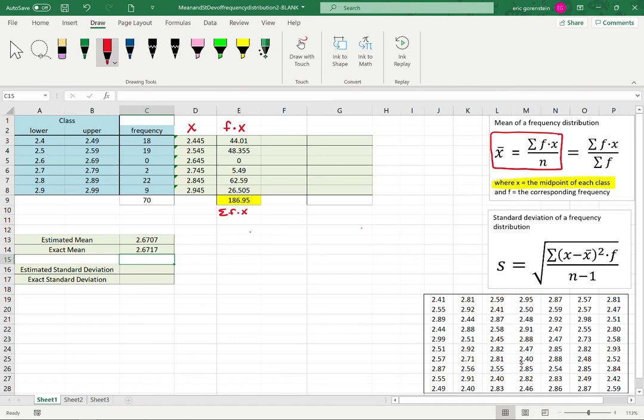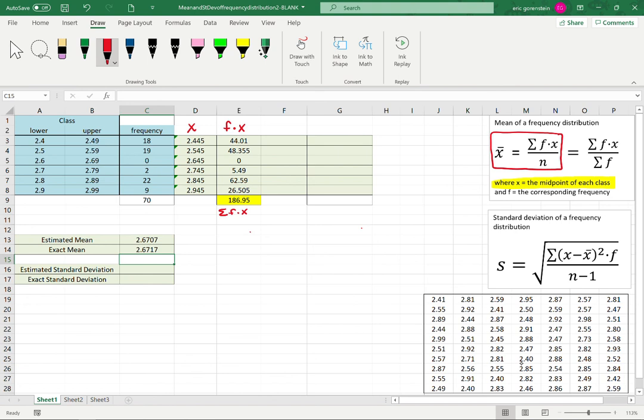Okay, so just think about what just happened. We started with no original data. We estimated everything. That was column D, those estimated x values using the midpoint of each class. So none of those are actual data values. And when we calculate the mean based on our estimation, we get something extremely close to the exact value of the mean.